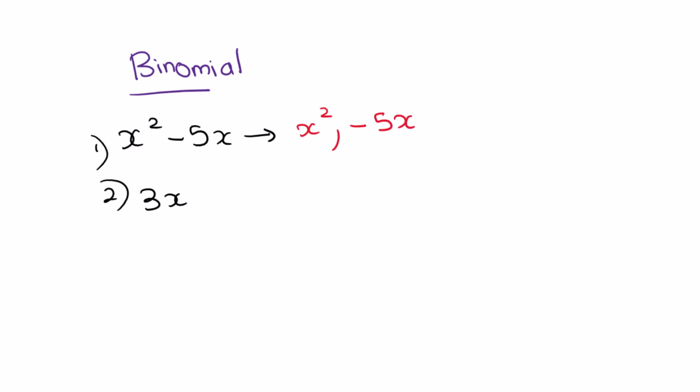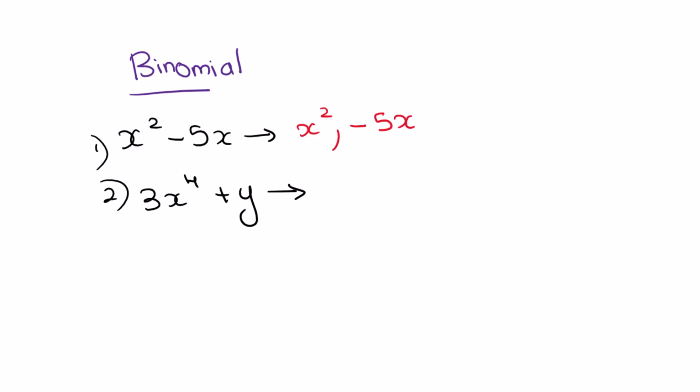A binomial is a type of polynomial that consists only of 2 terms. Example, x squared minus 5x. Here the 2 terms are x squared and minus 5x. Next, 3x to the power 4 plus y.